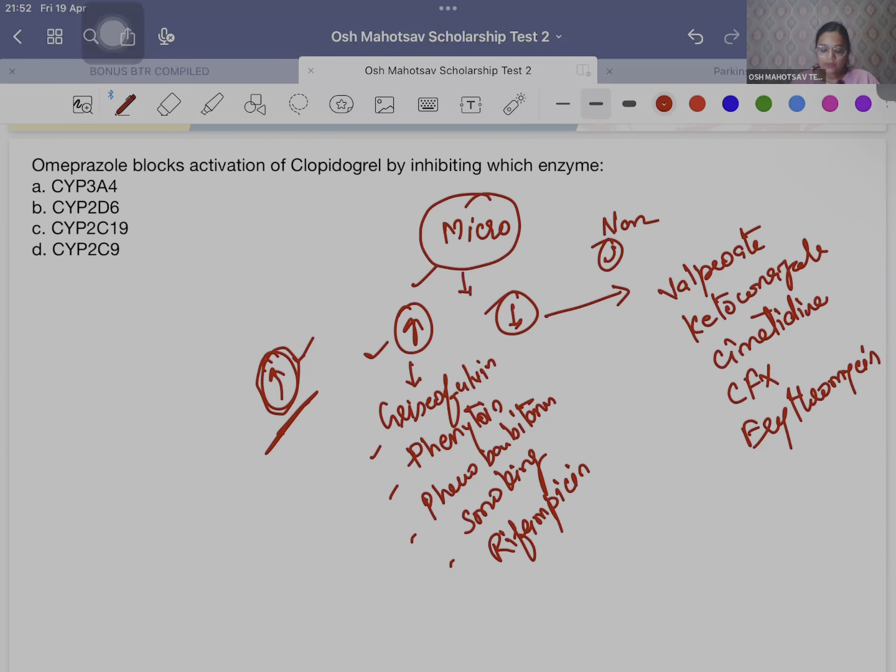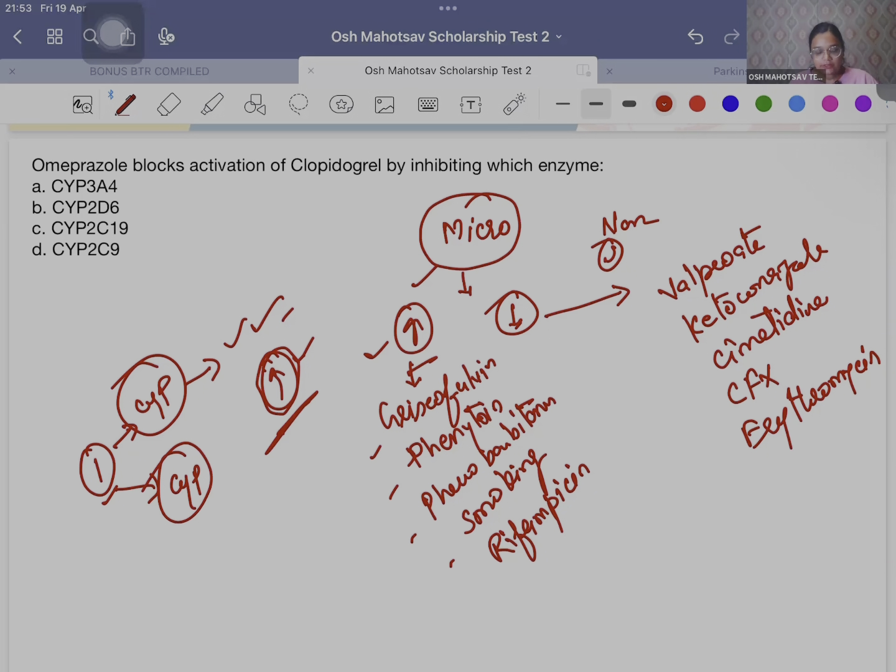Suppose we have taken one drug that is metabolized by these microsomal cytochrome enzymes. If we use that drug with an enzyme inducer, it leads to more metabolism, meaning it will be cleared from the body earlier. If we use it along with a cytochrome inhibitor, it will lead to decreased metabolism, meaning toxicity of those drugs.